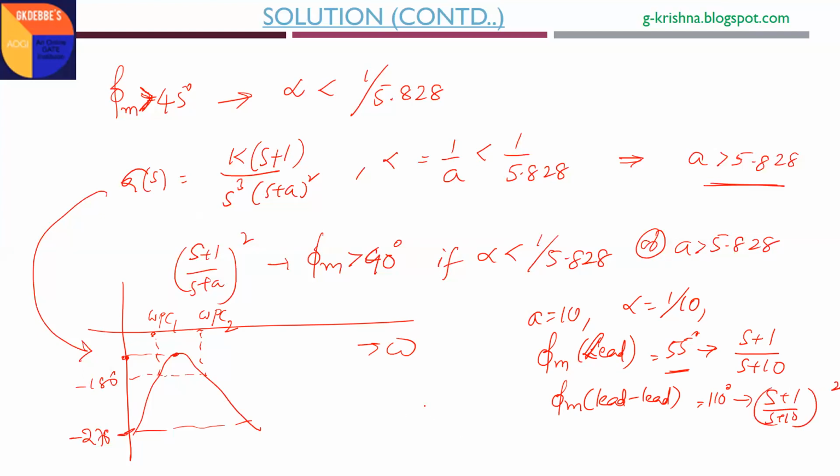Hence, if you select a transfer function as k by s cube into (s plus 1) into (s plus a), with any value here greater than 5.828, I have selected here 10, definitely this phase plot will cut minus 180 degrees two times. I'll show the phase plot.